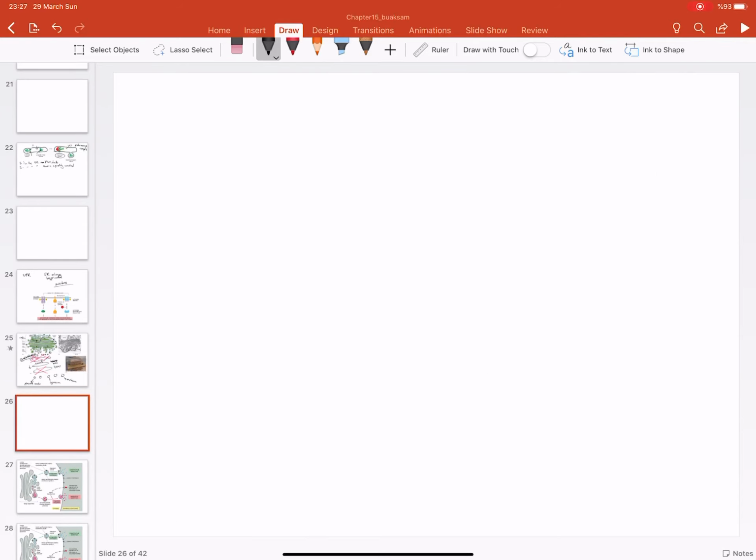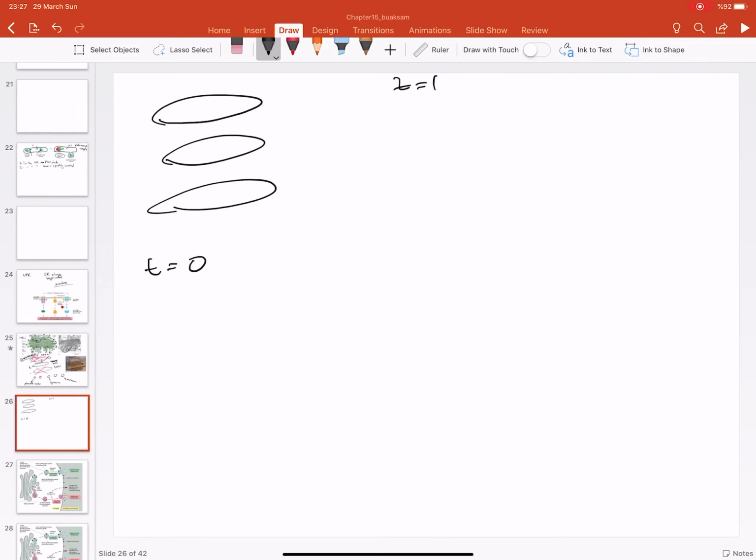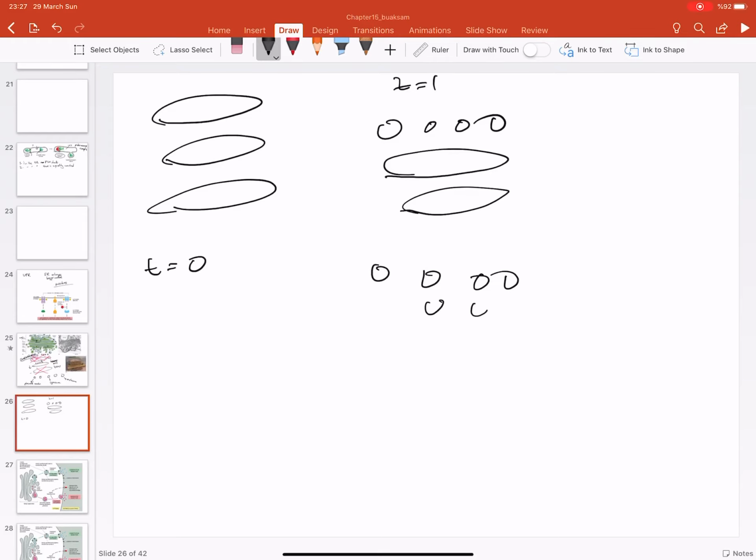So let's draw step by step. This is what you see at time 0, at time 1. You're going to see some vesicles coming from the ER. The cis become mid, become trans, become new vesicles.